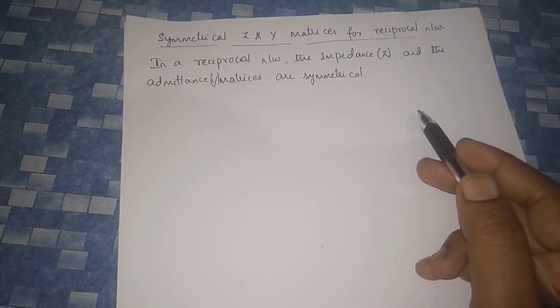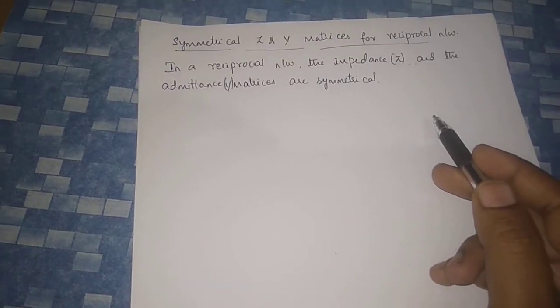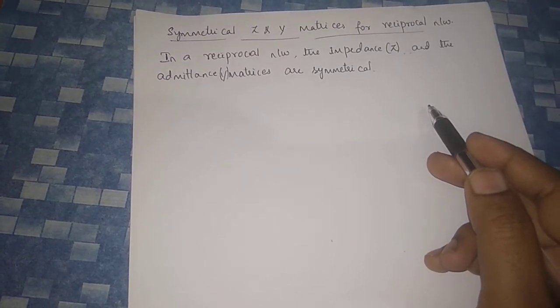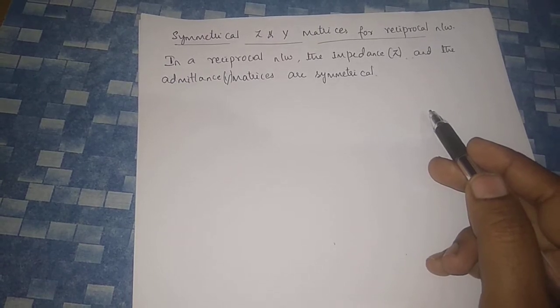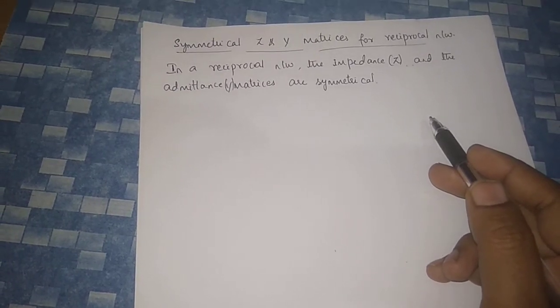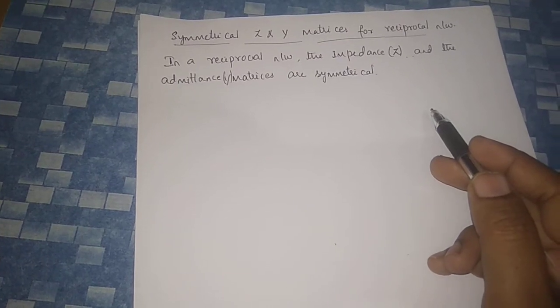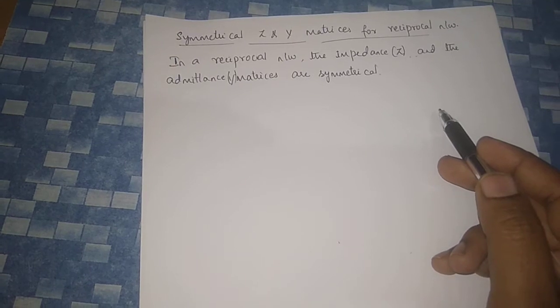And these four types of parameters can be used only for the low frequency networks, and these are not useful for the high frequency networks. This also we discussed in the previous class, and there are some limitations to use these parameters for high frequency network.